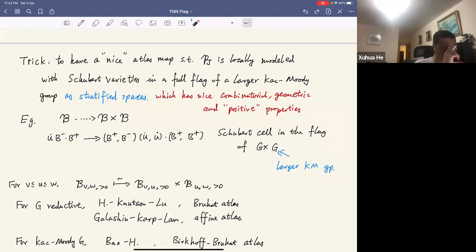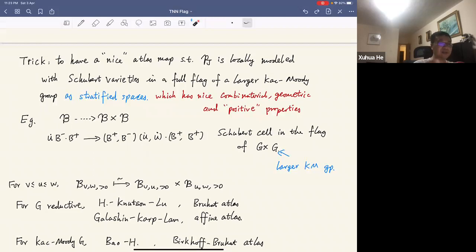And here the important part is that we want this as a stratified space. Which means on this P_J, we have a decomposition into the projective Richardson varieties, whose closure relations are complicated, and how they are glued together geometrically is even more complicated.